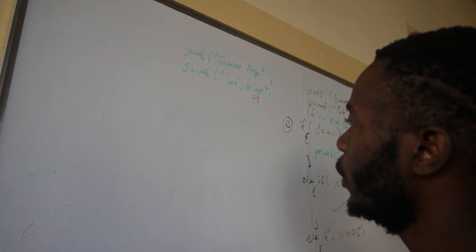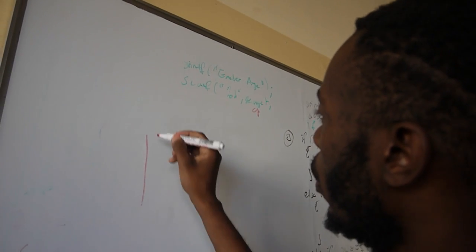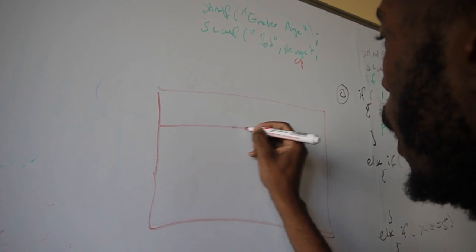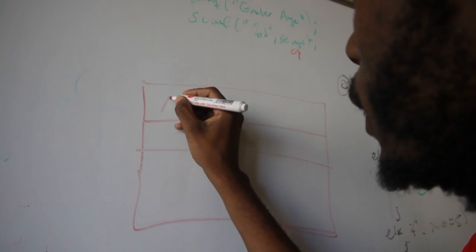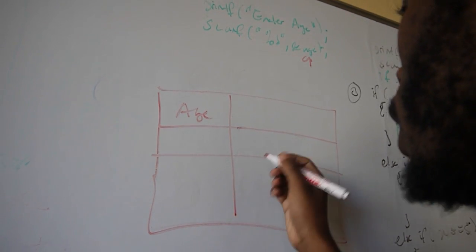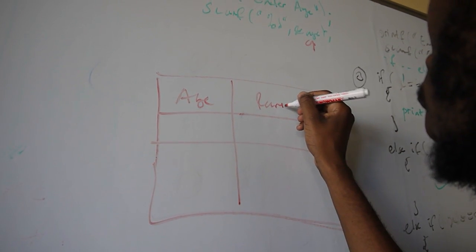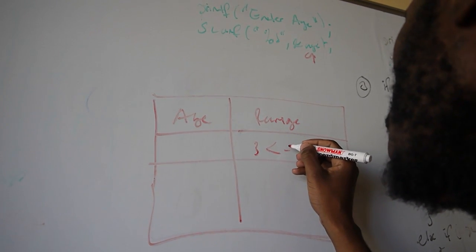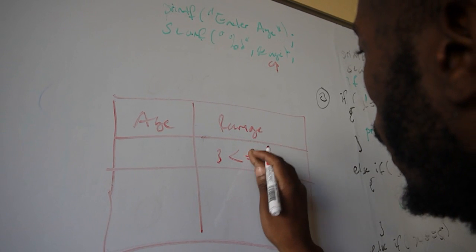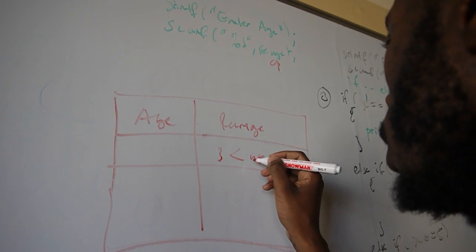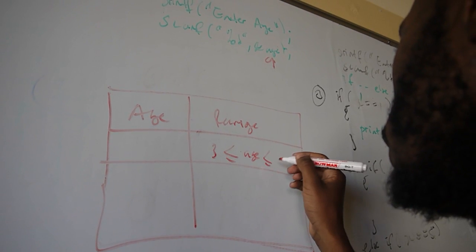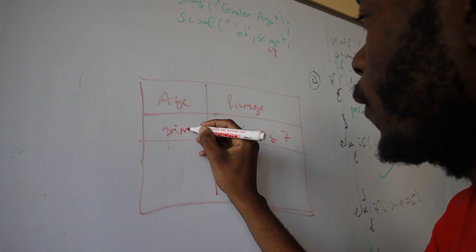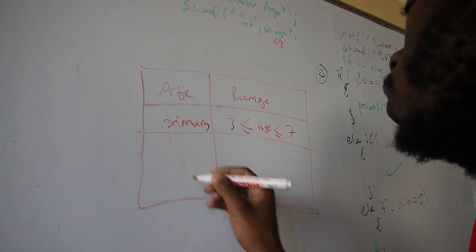How to determine, let's say we have a table, and you have a program that can give you a table like this. Maybe we can say age here, and I give you a range of age. If age is 3 less or equal to age, let's make it 7, then you can say primary level.